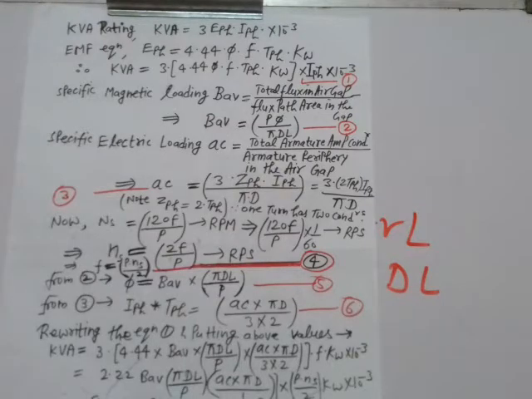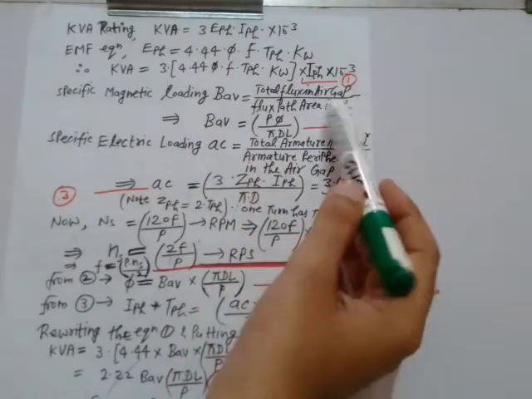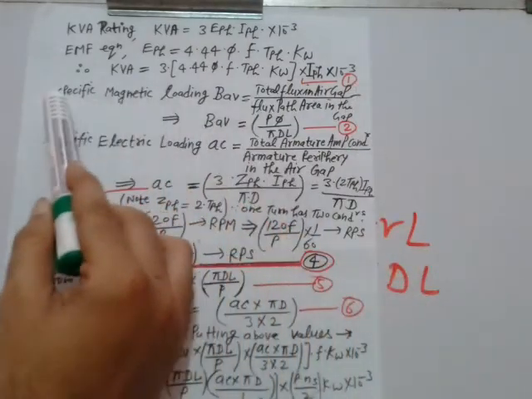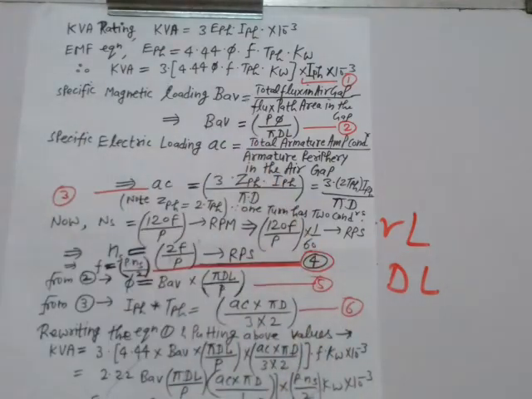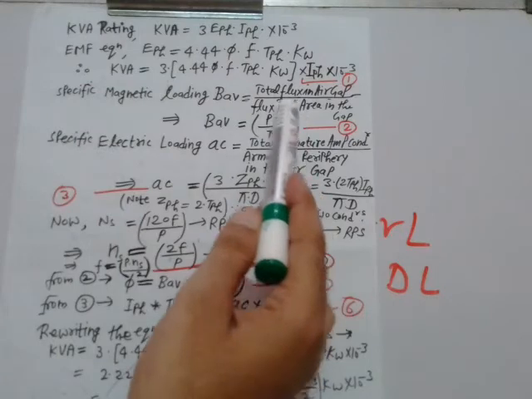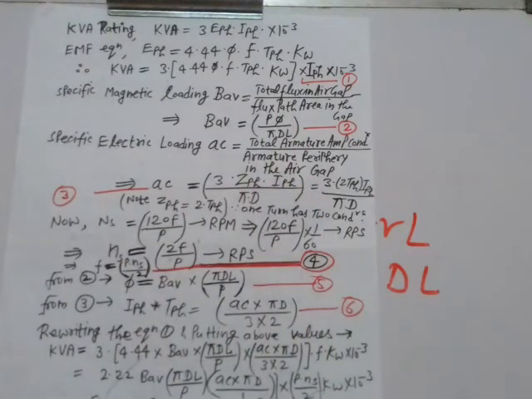In the pi DL flux path area, the total flux of the machine is P phi. That is the meaning of specific magnetic loading, right?